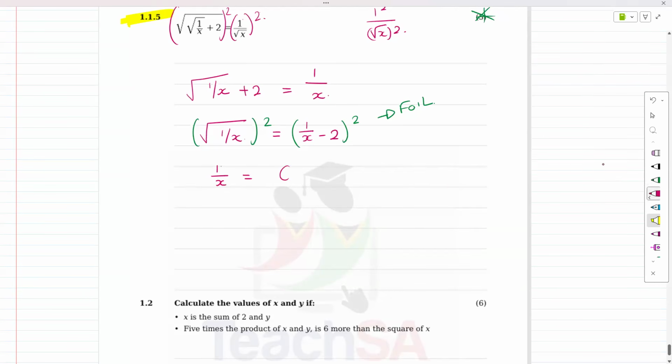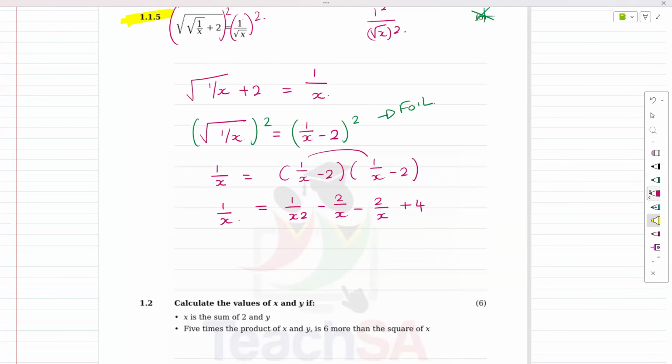And this one opens up as 2 brackets. 1 over x minus 2. 1 over x minus 2. Now, if we deal with FOIL, 1 over x times 1 over x is 1 over x squared. If we deal with FOIL, this becomes minus 2 over x, minus 2 over x, and that's plus 4.